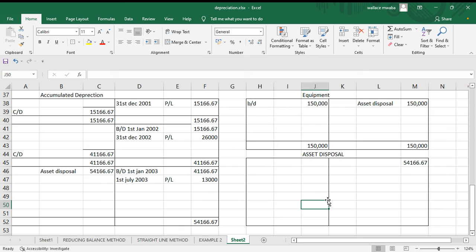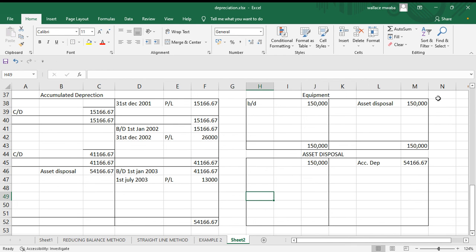Okay, this is from accumulated depreciation. Then from equipment, we're going to debit asset disposal 150,000.